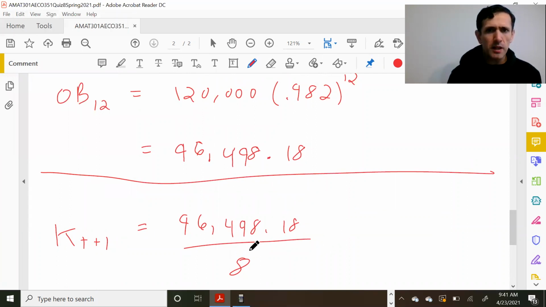Okay, so this is the amount of principal you're paying off each period. But you have interest, and the formula for interest in general is, you just take this amount here, 96,498.